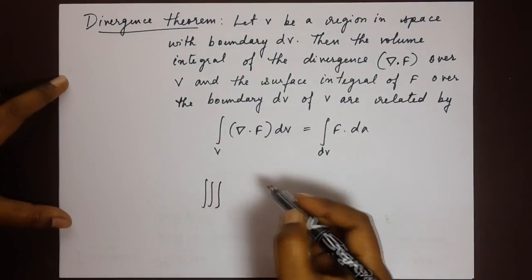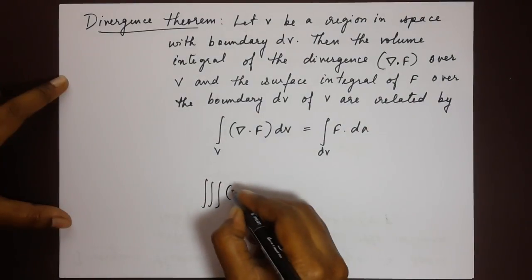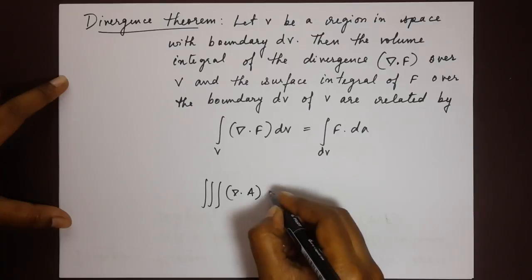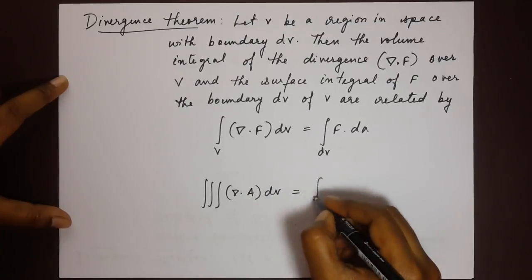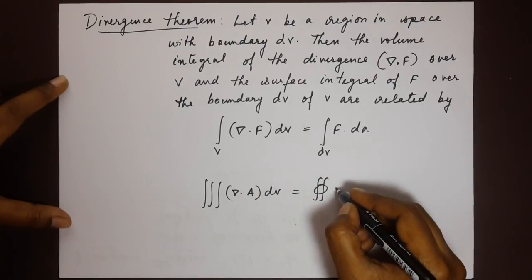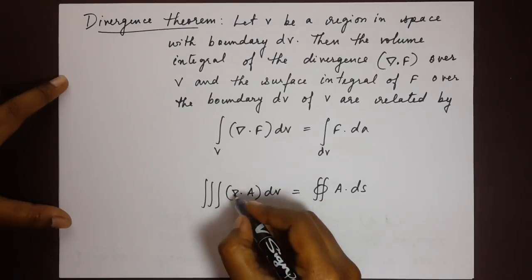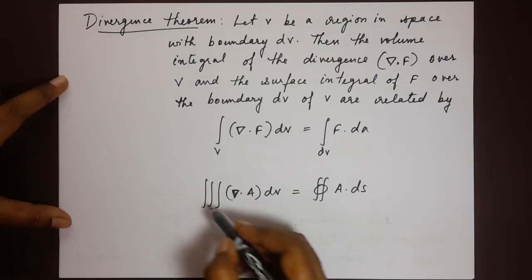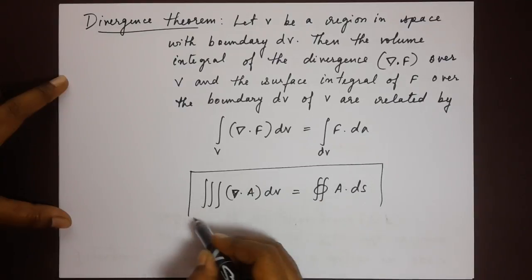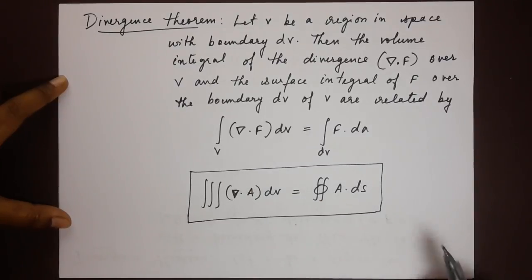So we have here volume integral del dot A dV equals surface integral of A ds. Here F is A, just the notation is changed, that's about it. So this is the equation for divergence theorem.